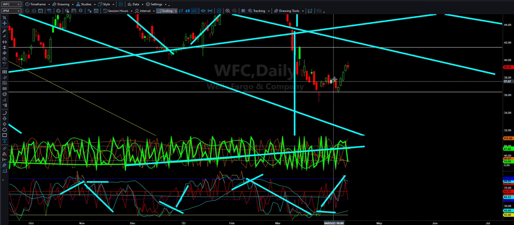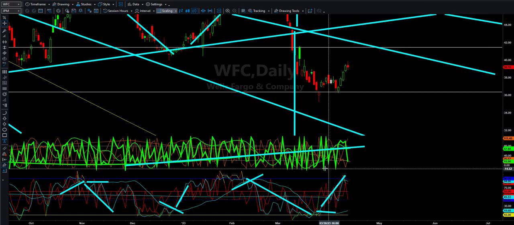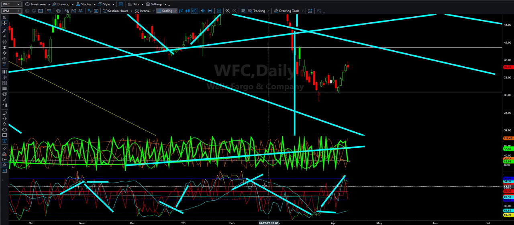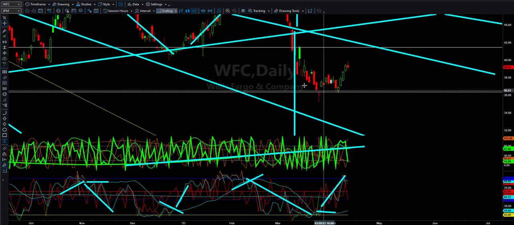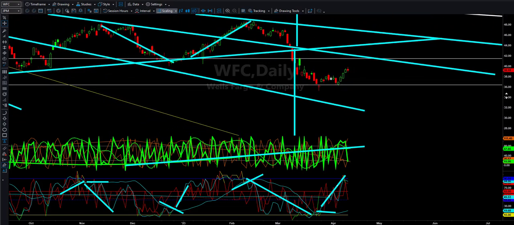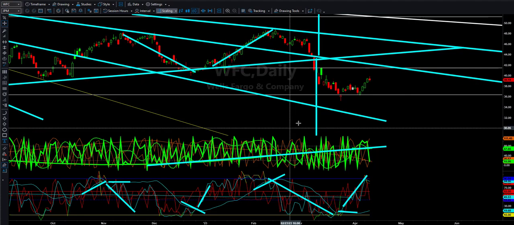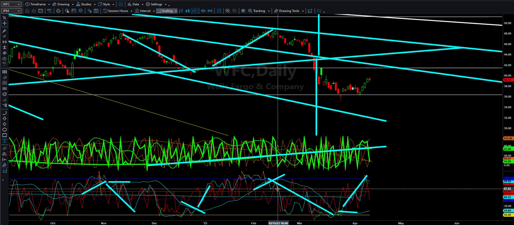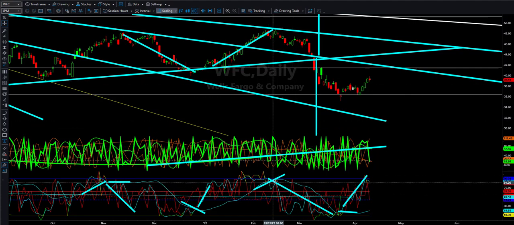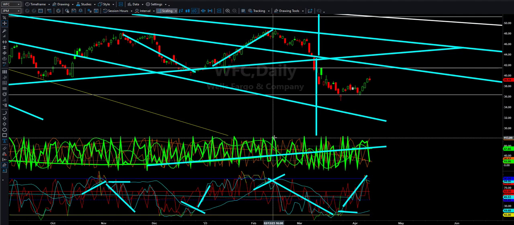So these small longs are working. And here, all the way down here, we just want to take shots. So how do we go in the direction of the trend? We sell all rallies, and here, when this cross happened very clearly, this was the short.